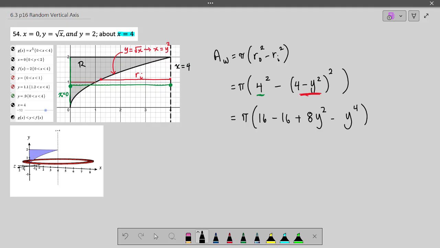So that is our area, and those cancel. That'll be the area of the washer at a height of y. Volume is then the integral of that. So we are integrating 8y squared minus y to the 4th dy from y equals 0 to y equals 2. So that is the setup.